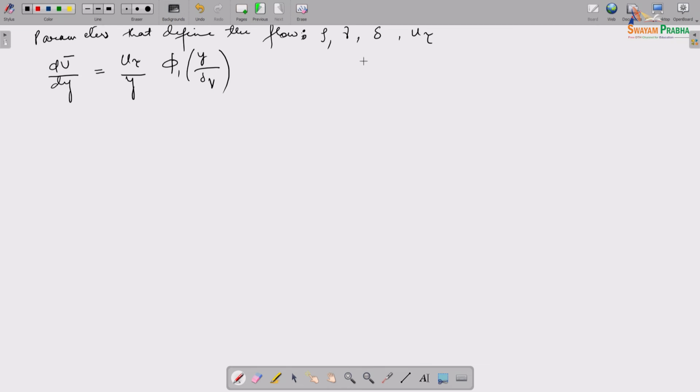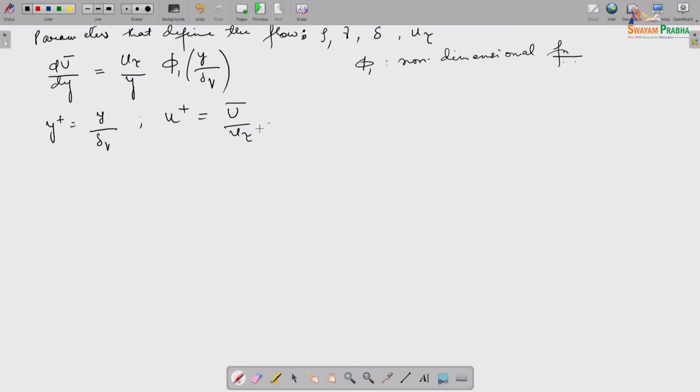So this phi 1 is a non-dimensional function. Then we know that y plus is by that, and we know this. Let us do some math and then we can discuss.